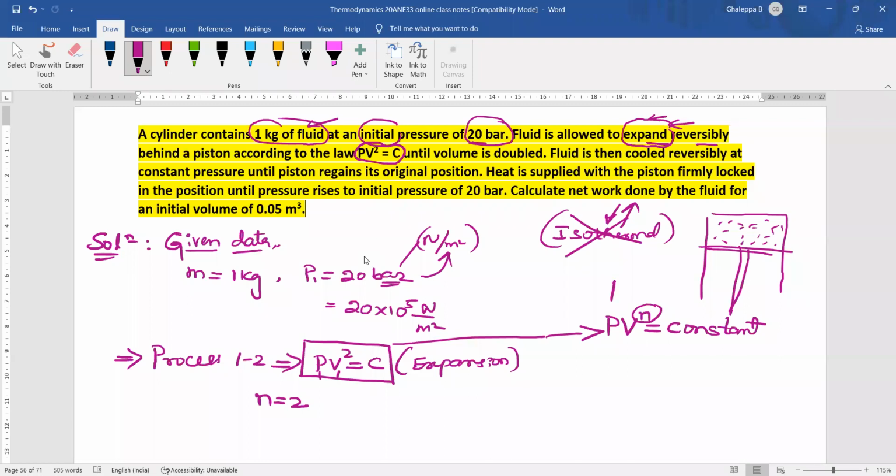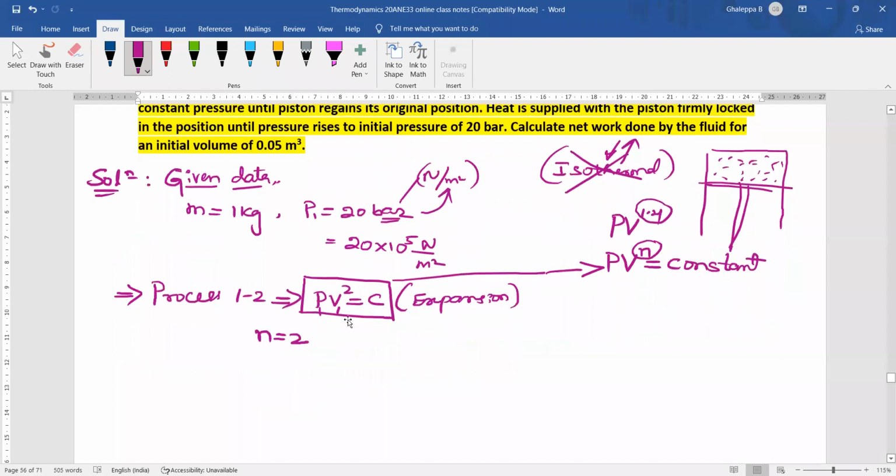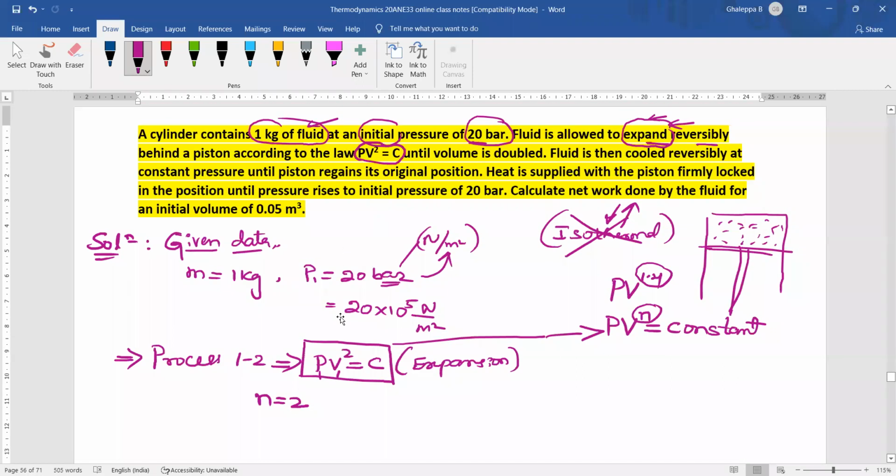If it is PV to the power of 1.4, then it is adiabatic process. Value of n will be considered as gamma, that is adiabatic process. Here it is polytropic process. So until the volume is doubled means during 1 to 2, 1 is initial point, number 2 is final point.